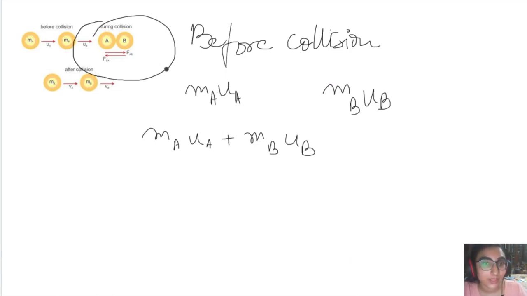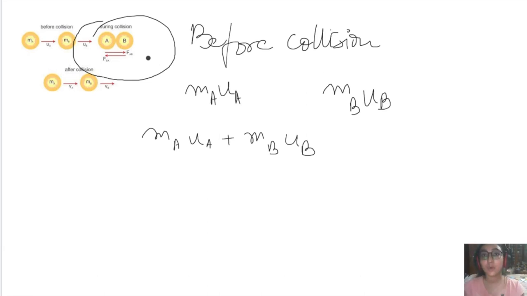What does that mean? That both are exerting a force on each other, but they are still kind of one whole body because both of them are together. Even if A puts a force on B and B puts a force on A, still it will be within that body.